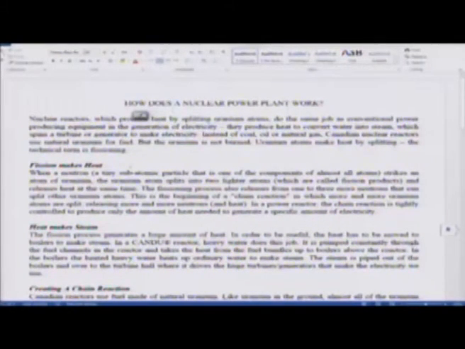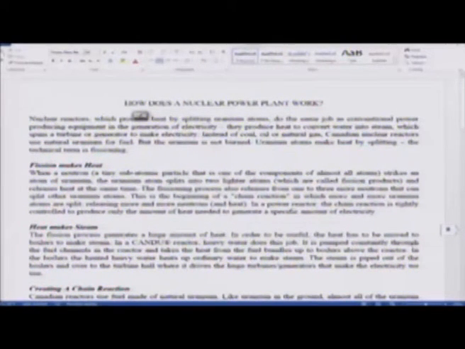So, the introductory paragraph very briefly explains the process and the rest of the text goes into detail. The first paragraph focuses on this process called fissioning. When a neutron, then what is a neutron? It is defined here. Then it strikes an atom of uranium and splits it into two lighter things, and this is the process of fission.